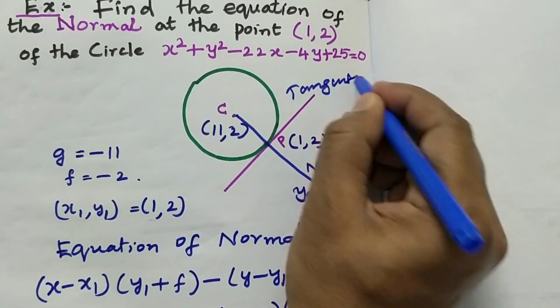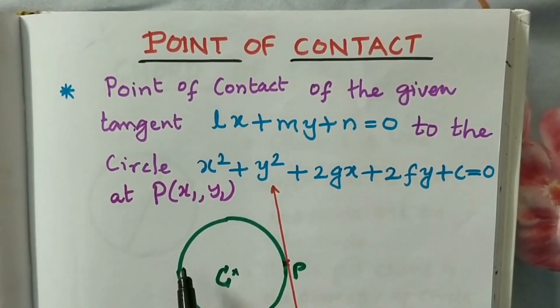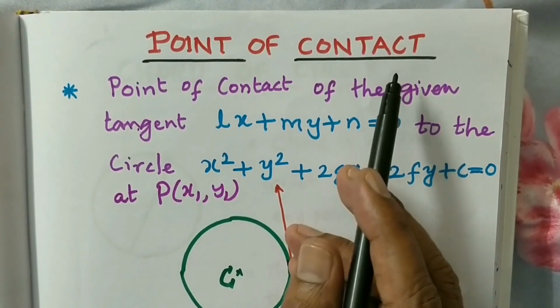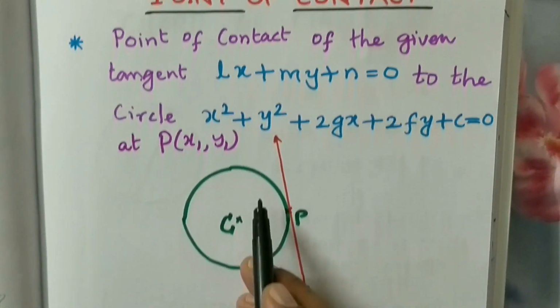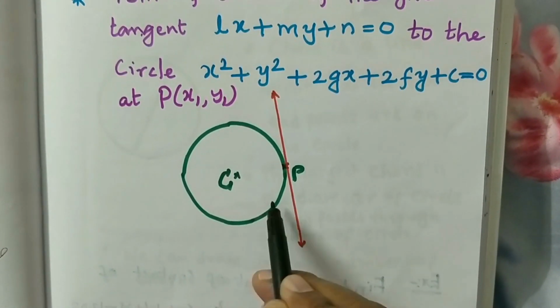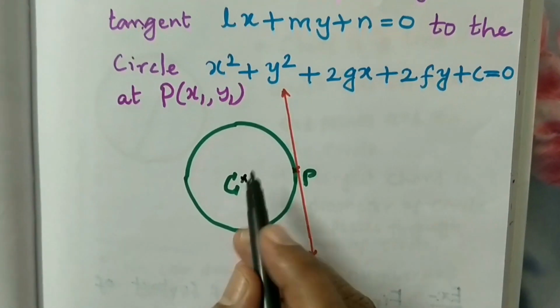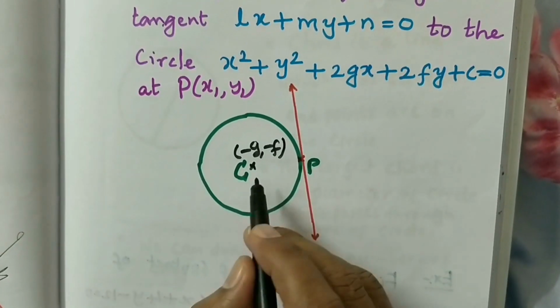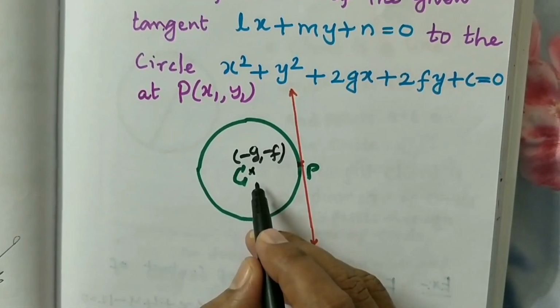Now we are going to discuss the point of contact. Here you observe, students. The circle is given like this with center minus g comma minus f and the radius, you know, is under root g square plus f square minus c.